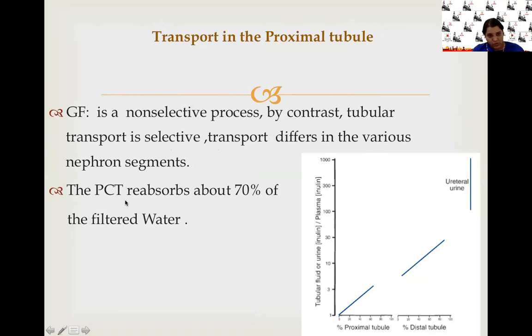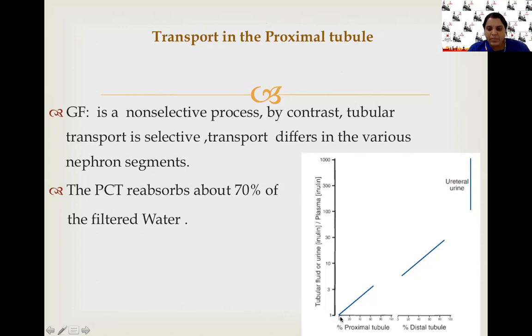Now, the proximal convoluted tubule absorbs close to 70% of the filtered water. For the purpose of understanding, and also because the proximal straight and convoluted tubules are functionally similar, they are included as a single unit.